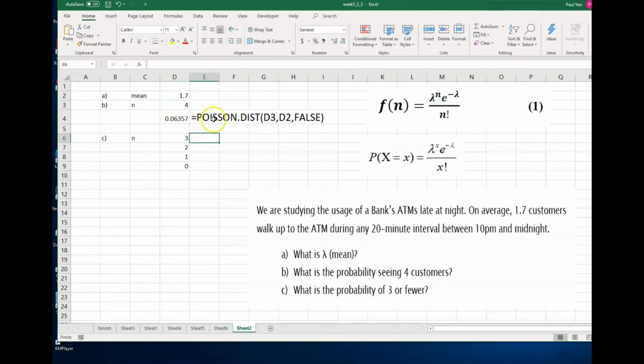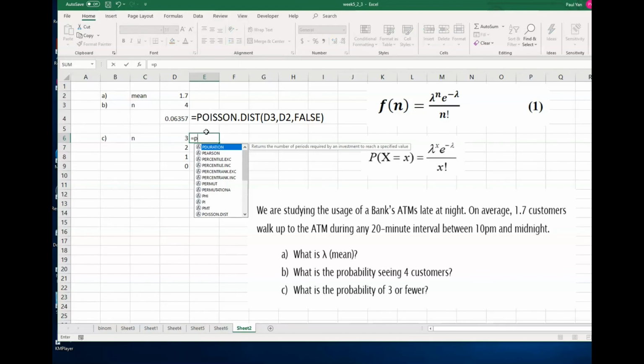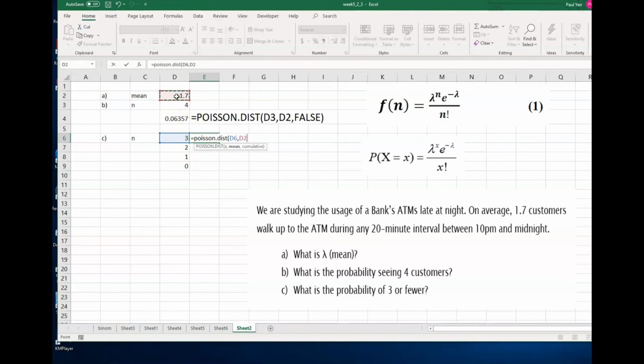So we just apply the formula again, POISSON.DIST. The first one is 3. Then we add the mean. We hit F4 and fourth.